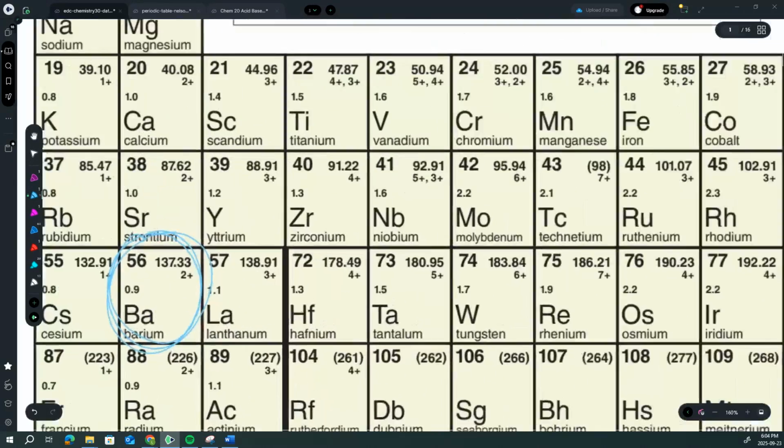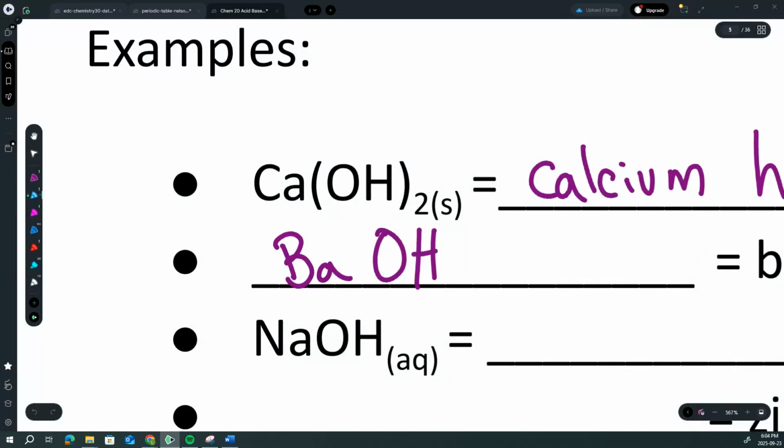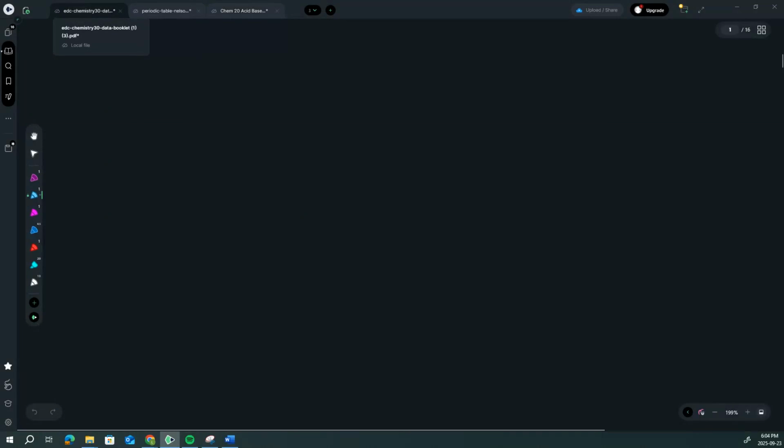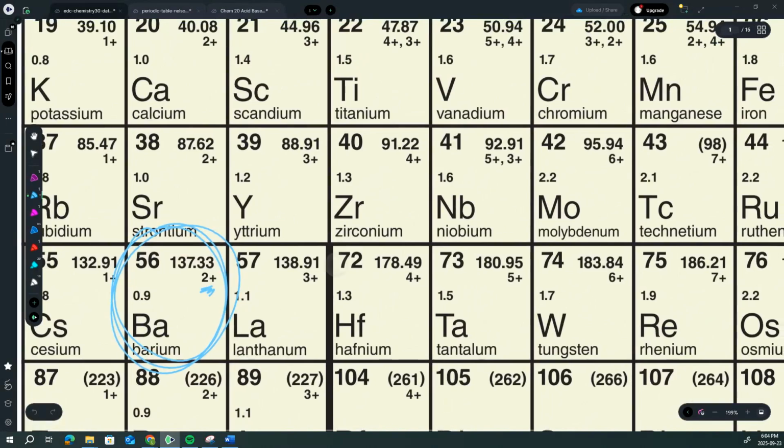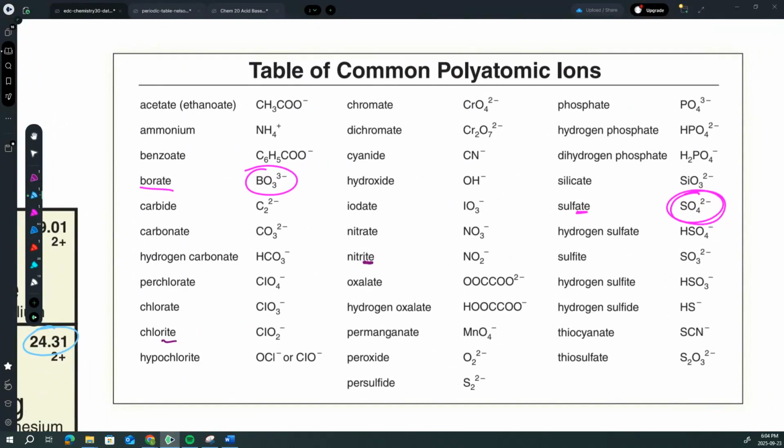A reminder that group 2 ions like to have a 2+ charge. So barium likes to have a 2+ charge. We know hydroxide likes to have a 1- charge. If you wanted to know where to look that up for hydroxide, you just go to the list of polyatomic ions, and then you would find hydroxide, which is right here. So you can see it has that -1 charge.